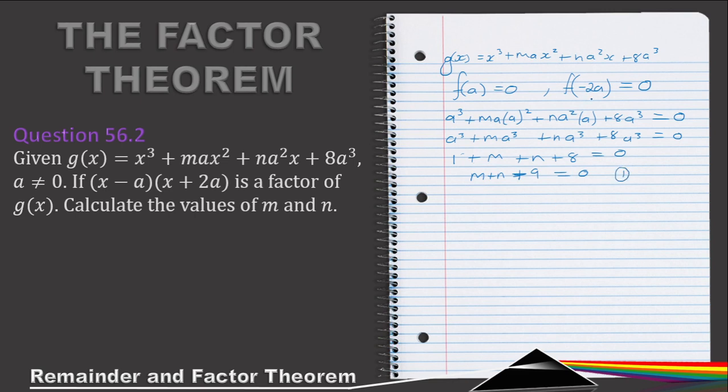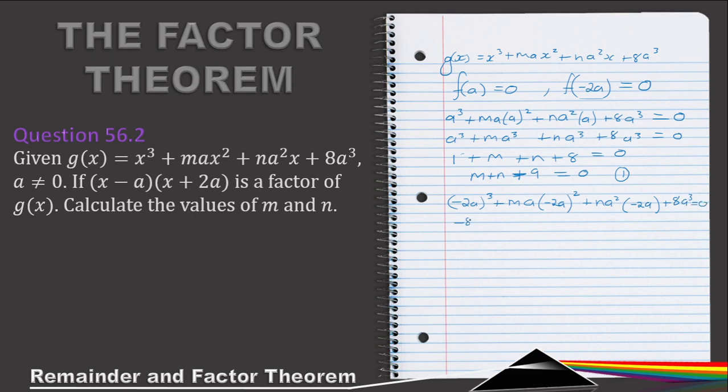Now we're going to do the next one and substitute in minus 2a. So minus 2a to the power 3 plus m a, then minus 2a again squared plus n a squared minus 2a plus 8a cubed will be equal to 0.